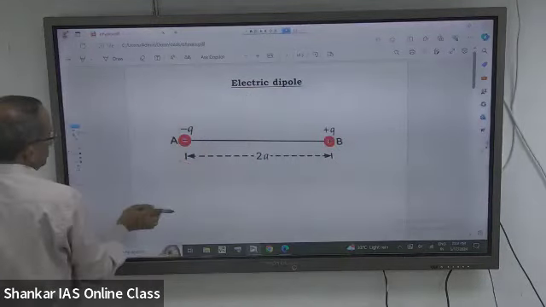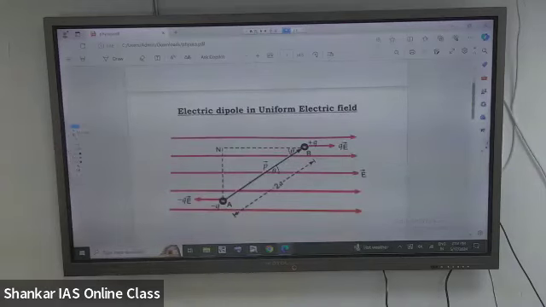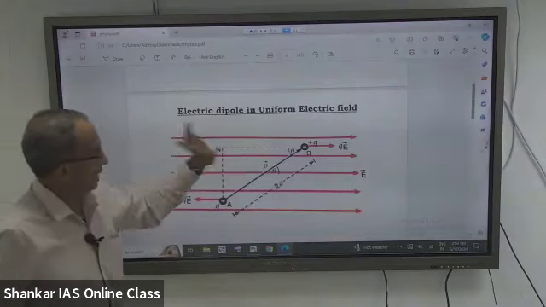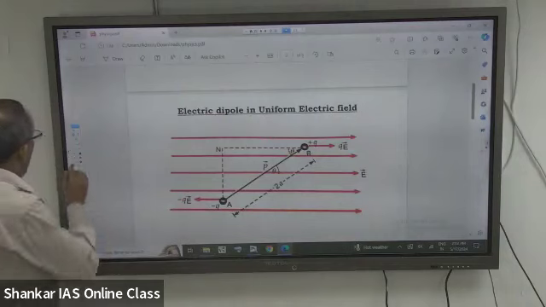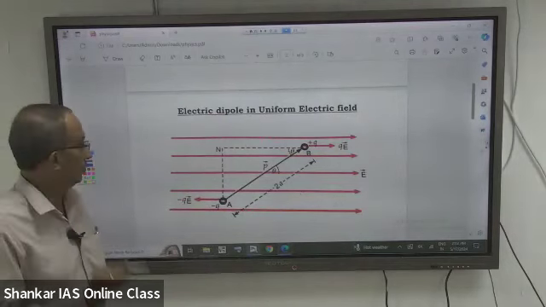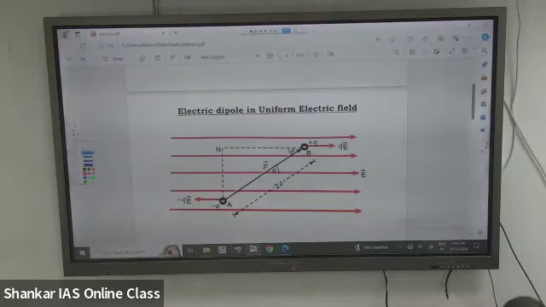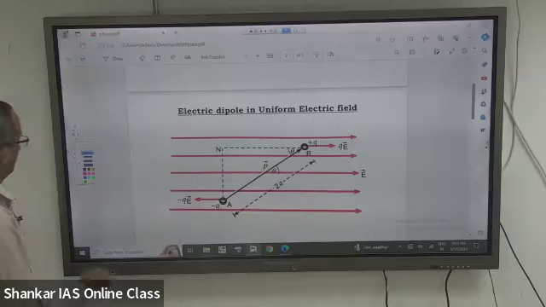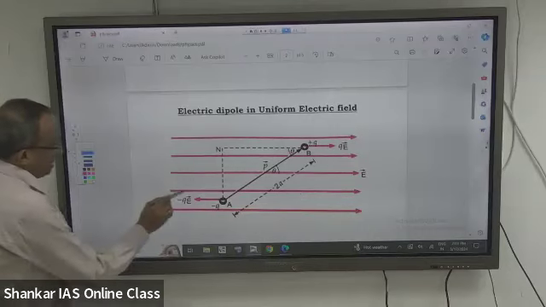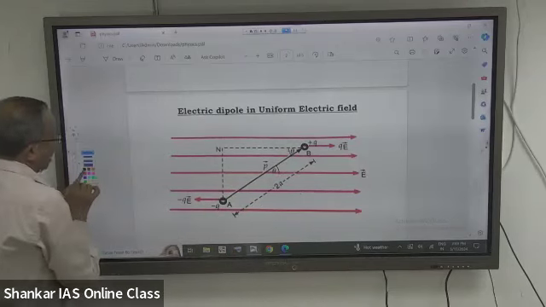Next, we are going to discuss what happens when an electric dipole is kept in a uniform electric field. See, we have two charges, minus Q and plus Q, separated by a distance 2a.